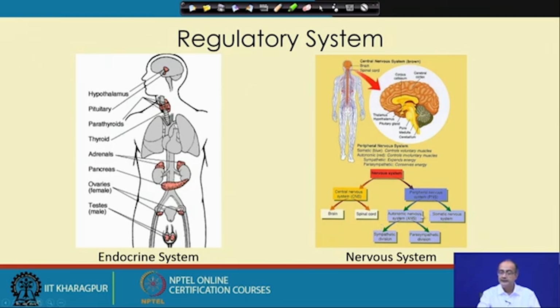And there is the peripheral nervous system, which has two parts, the autonomic nervous system and the somatic nervous system. The somatic nervous system helps with volition, when we want to move our muscles like hands and legs. The autonomic nervous system does a lot of important tasks.